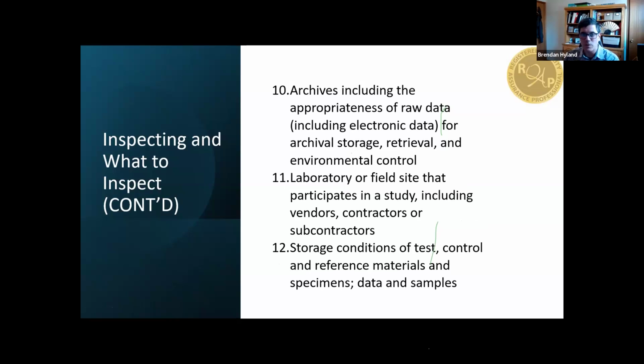We want to inspect any laboratory or field site that participates in a study, including vendors, contractors, or subcontractors. Storage conditions of test, control, and reference materials and specimens, data, and samples.